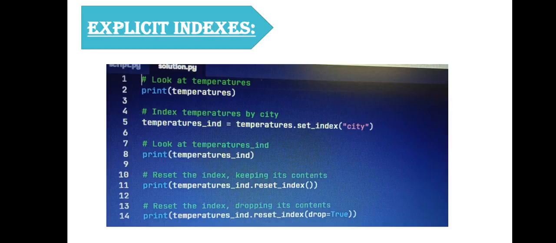Reset the index keeping its contents: print temperatures_ind.reset_index(). Then reset the index dropping its contents, drop equal to true, by simply typing print temperatures_ind.reset_index(drop=True).